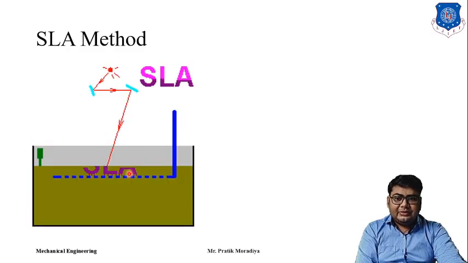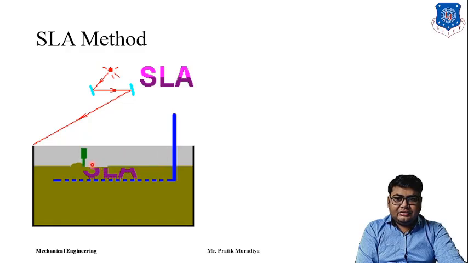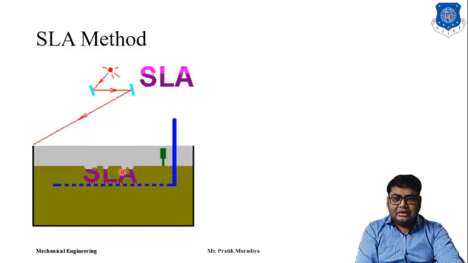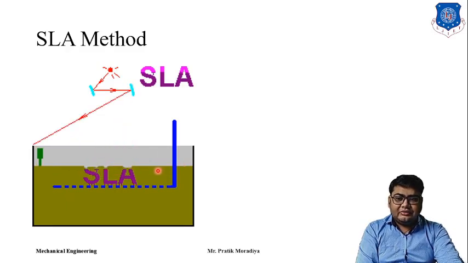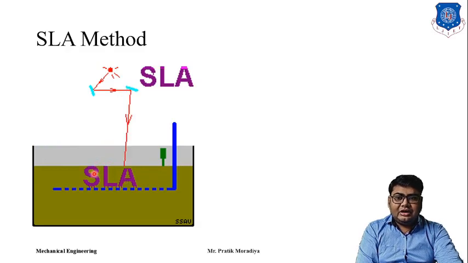So what will happen is that after one layer is solidified, this leveling arm will make sure that the next layer has uniform resin spread over it, because due to the cohesion of epoxy resin with our build part, there will be some unevenness. So that's why this leveling arm is there.